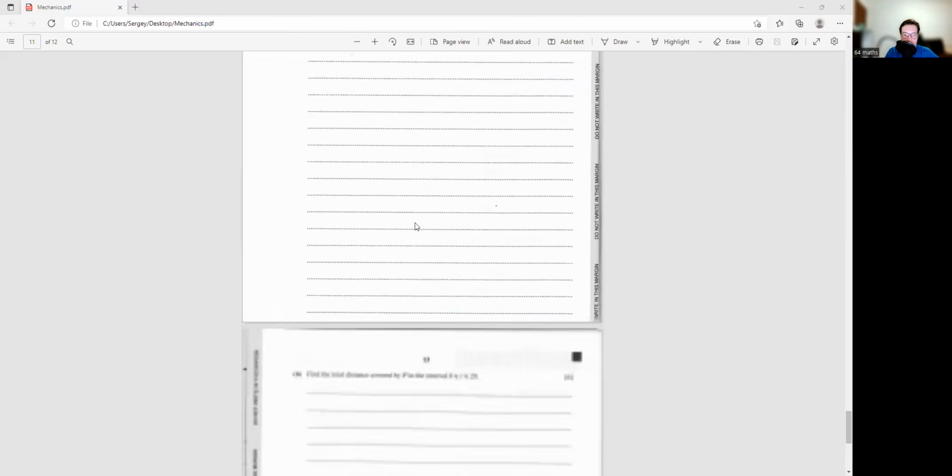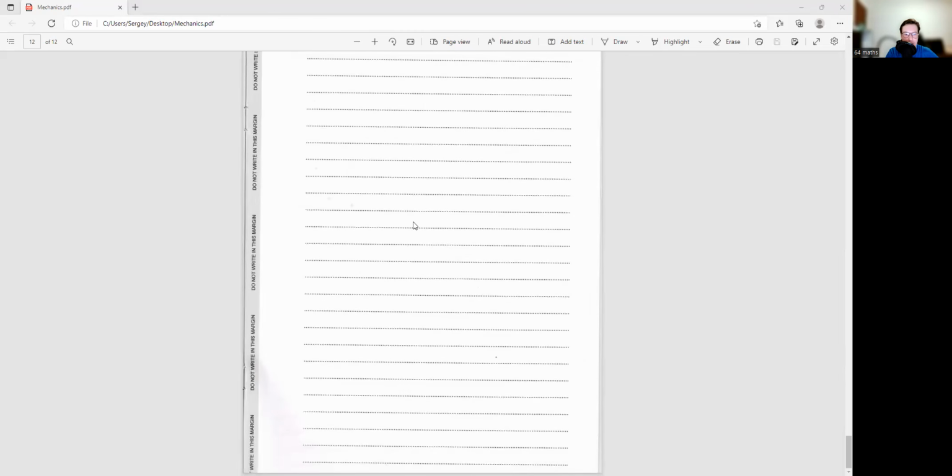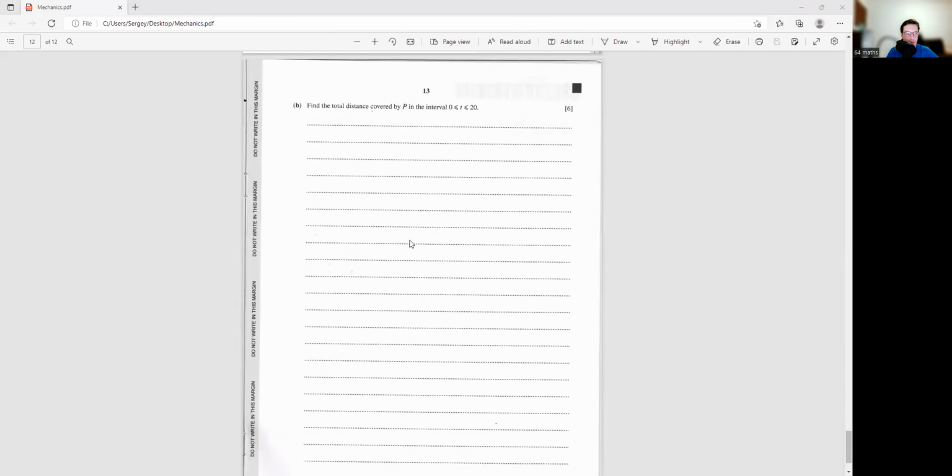Okay, let's move on to the last question. Find the total distance covered from 0 to 20. To understand better what's going on, I'm going to draw the sketch of the velocity-time graph.